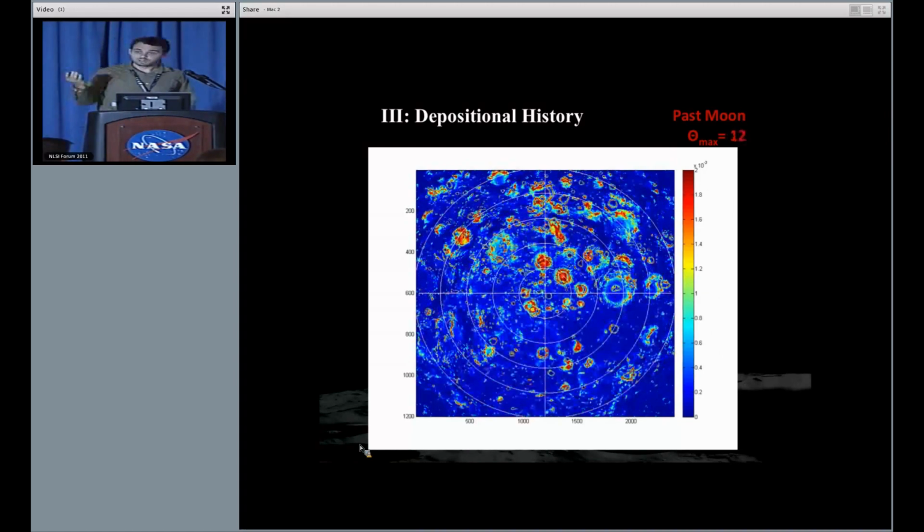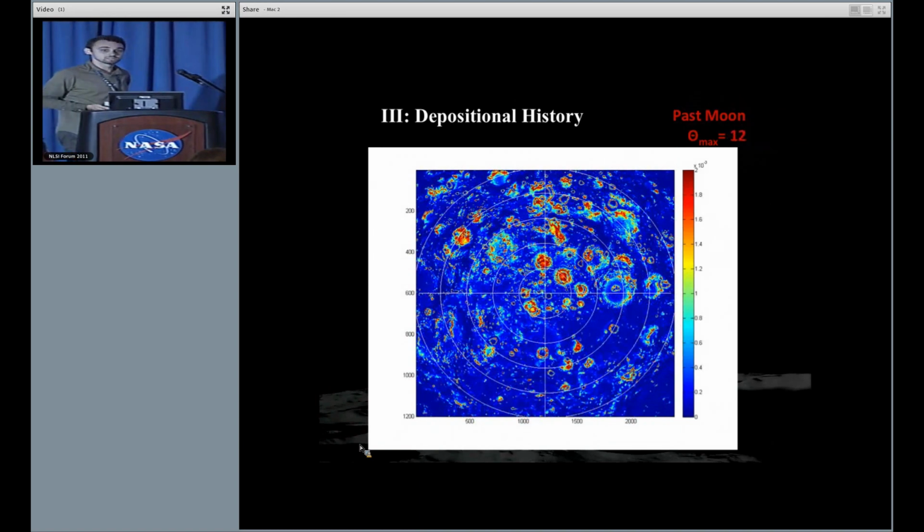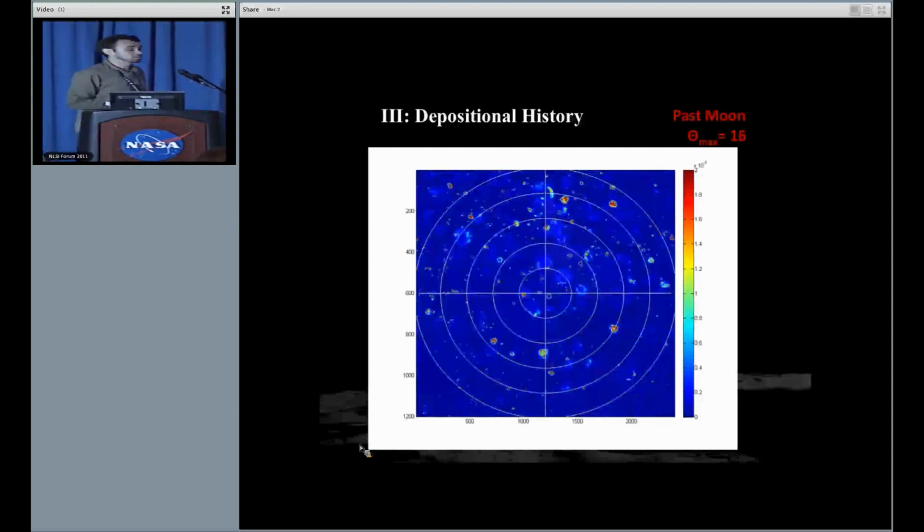And then when we get to these higher obliquities, some of these cold traps become in the range of temperatures where they would be really good ice traps. So I can imagine if you had a higher flux of supply back then, you could imagine getting ice built up in these areas that we see today. And you can go back far enough where none of these places would have been good ice collectors because it would just be too warm.